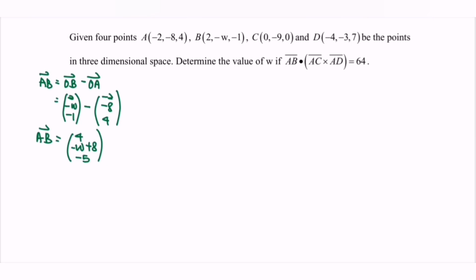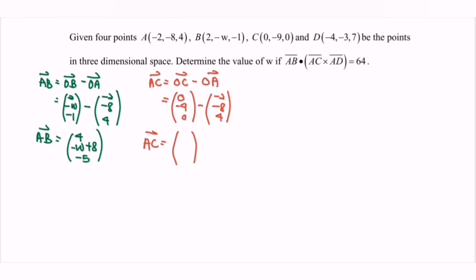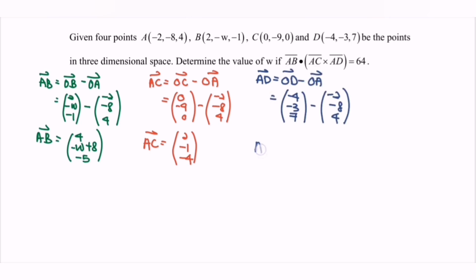Next is to find AC. Kindly substitute the position vectors OC and OA, and we have the vector AC (2, negative 1, negative 4). Next is to find the vector AD, where we have OD minus OA. Finally, we have the vector AD equal to (negative 2, 5, 3).